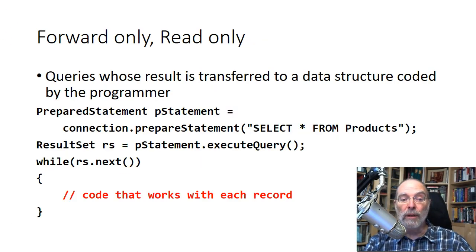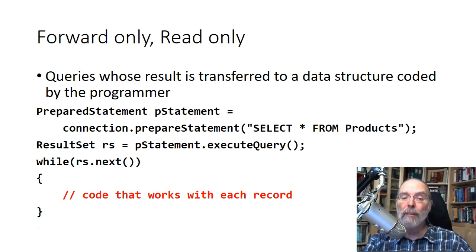That's one of the reasons we move these queries and transfer them into a data structure, into one of our beans. So here we see, after retrieving the result set, I have a while loop. rs.next, rs being the result set, advances through all the records retrieved. An interesting thing about how next works is it begins by pointing not at the first record, but to an imaginary record that exists before the first record. This imaginary record will always exist.